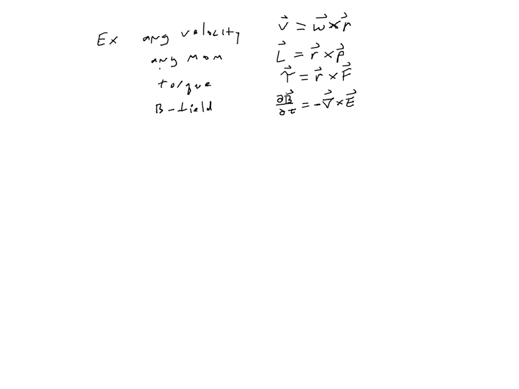And so each one of these pseudo vectors essentially comes from taking the cross product of a polar vector or two polar vectors.